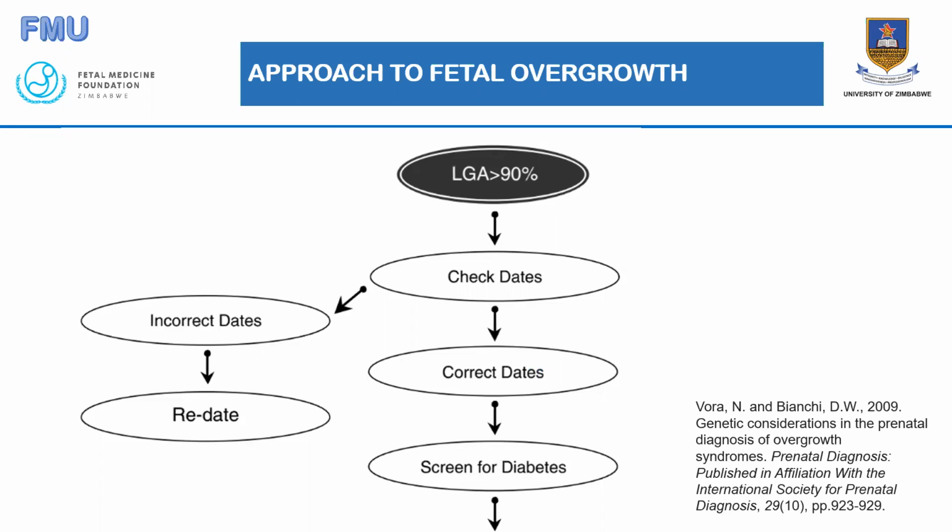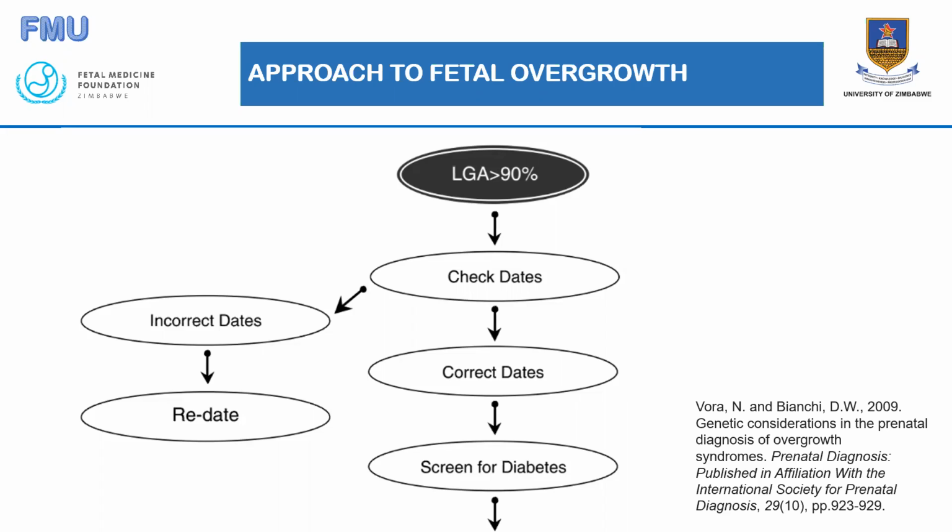Those of you who have been in the specialist clinics have seen us ordering a lot of OGTTs, so most of you should know what an OGTT is by now. So if you do a scan and you see that the baby is large for gestational age, the next step is to check for diabetes.